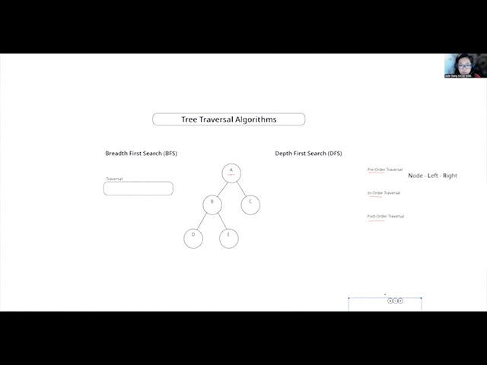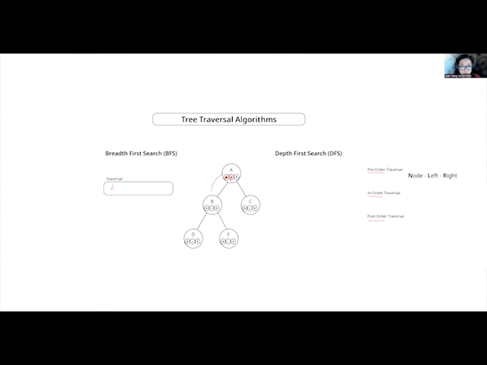So let's use this checklist for each node to track our actions. So for the first node, we record the current node. And so we have A, then we traversed left.